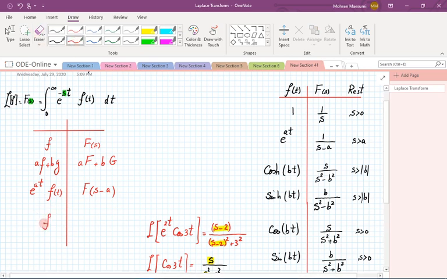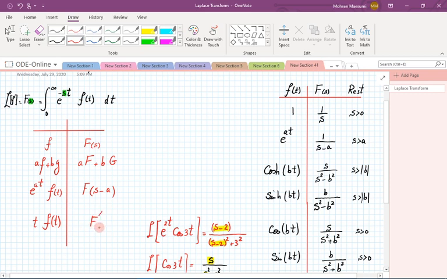a function whose Laplace transform I know is F, if I take it and multiply, here's the simplest polynomial, t. What it does to the function is quite unexpected in this case. It actually differentiates our transform. That is, I have to take F and differentiate it with respect to s.